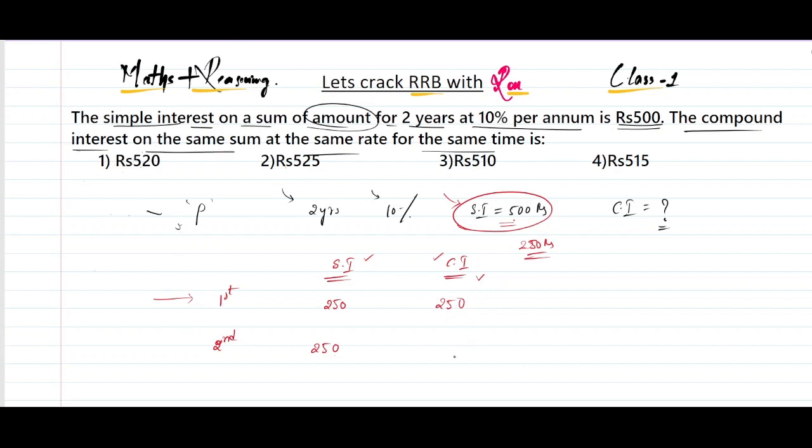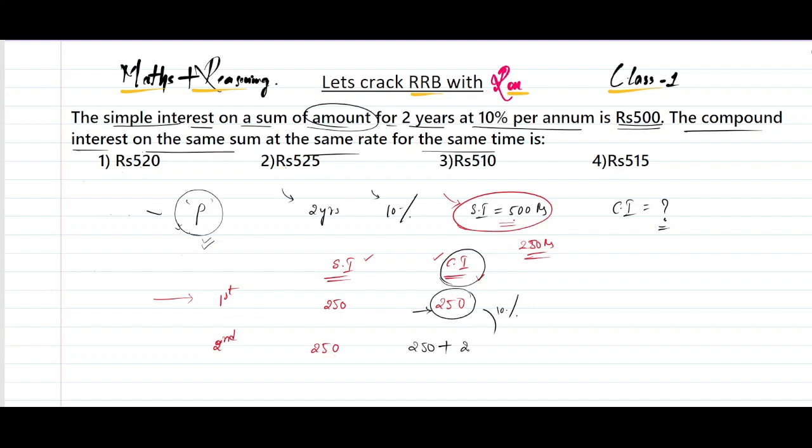In the next year, we know one thing about compound interest: it will take 10% of the principal and 10% of the interest. Interest on interest is compound interest. So 10% on principal, which is 250 rupees, for the second year, plus 10% of the interest which we got in the first year, that is the compound interest, right?